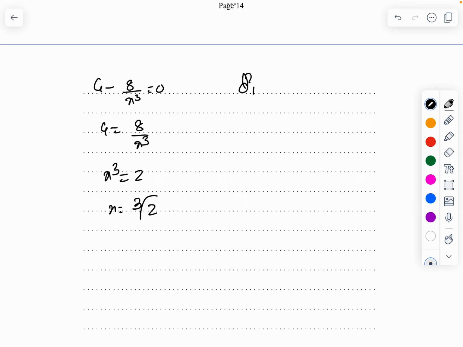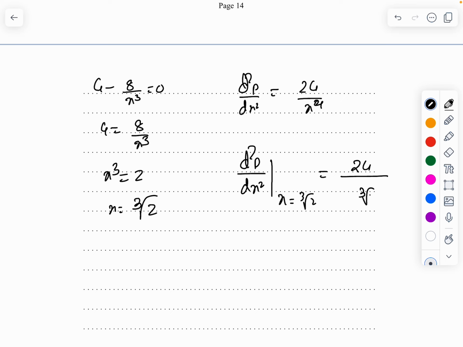Find the second derivative, d square P upon dx square, which is 24 upon x power 4. Now substitute x equals cube root of 2: 24 upon (cube root of 2) to the power of 4. No need to find the value, just find the sign.